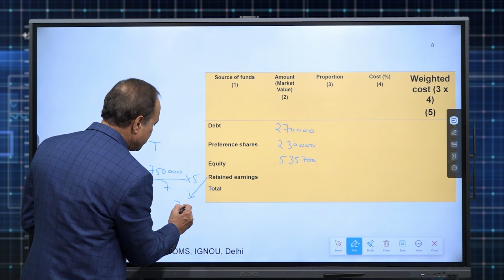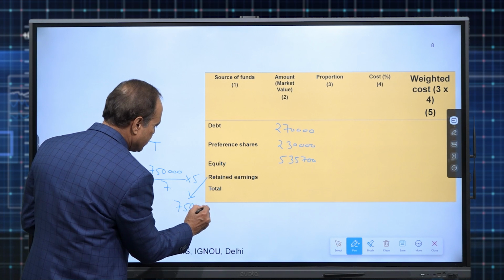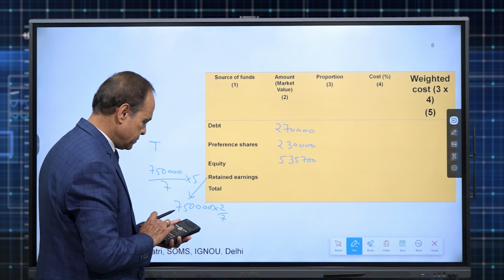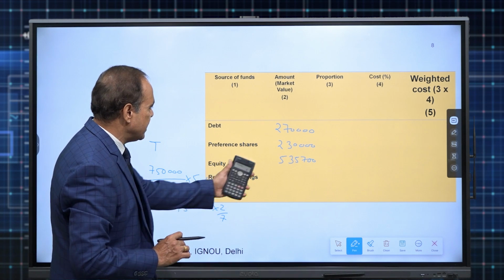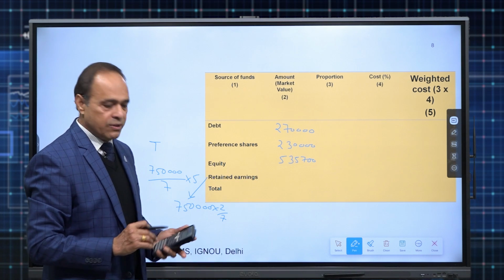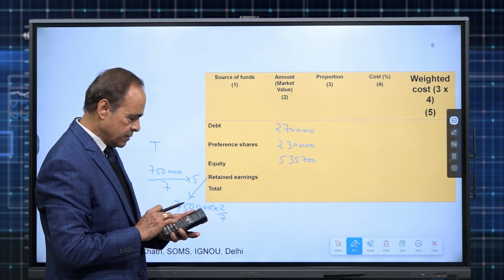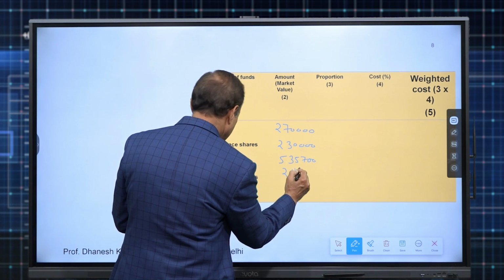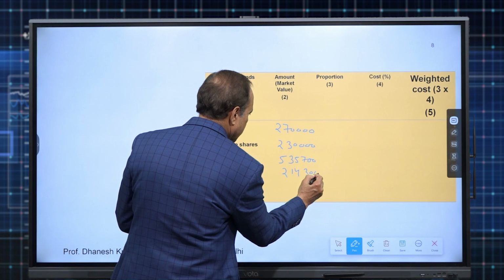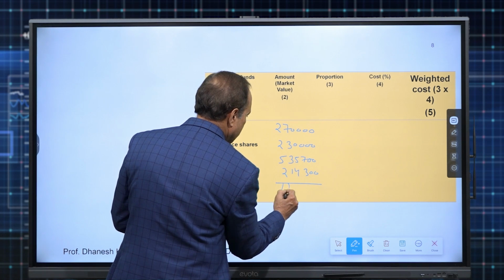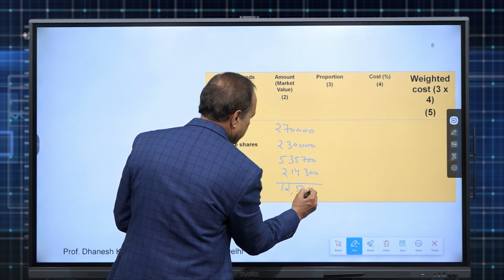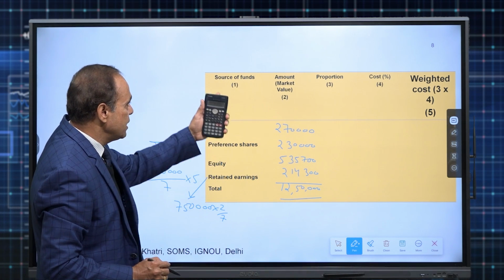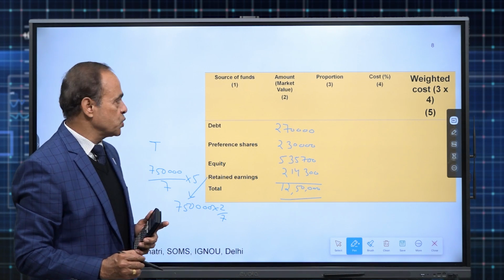And the remaining amount, retained earning, will be how much? 7,50,000 times 2 upon 7. So straight away we can deduct 5,35,700 from 7,50,000. So we get 2,14,300. And sum total becomes 12,50,000. So these are the market value weights of each of the sources.